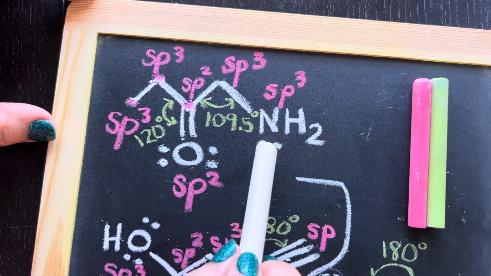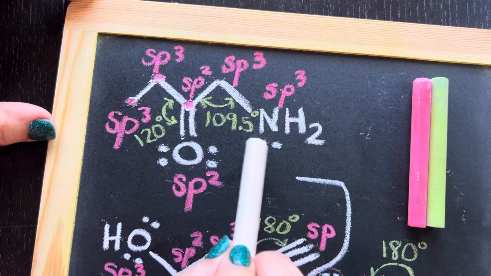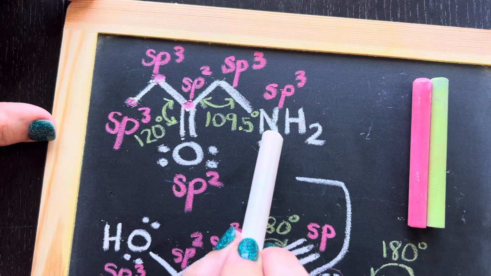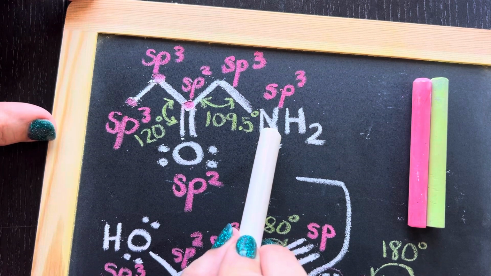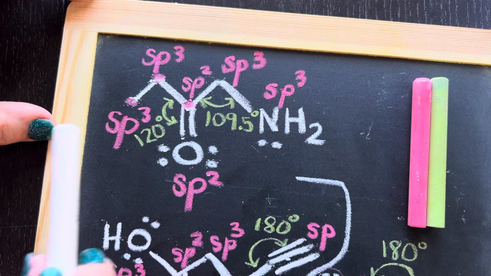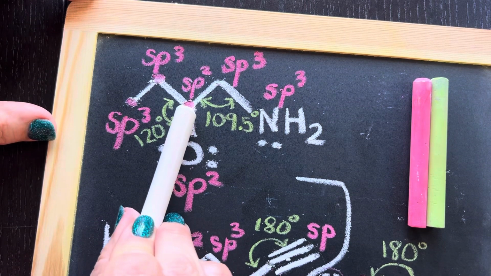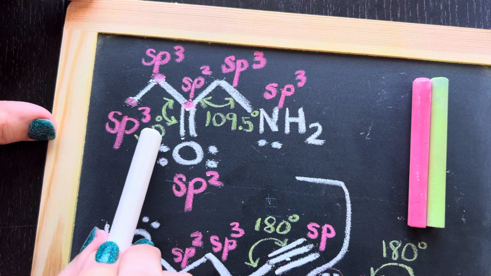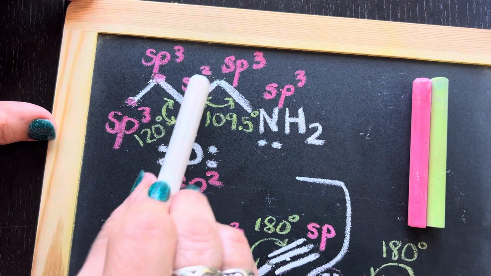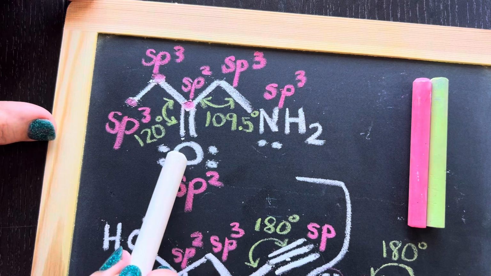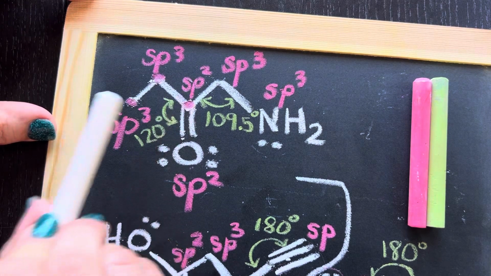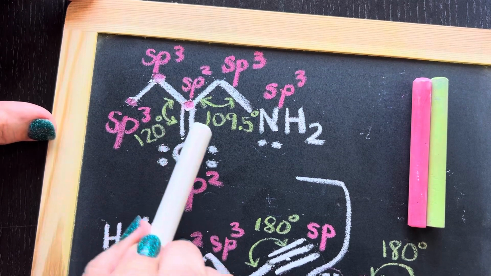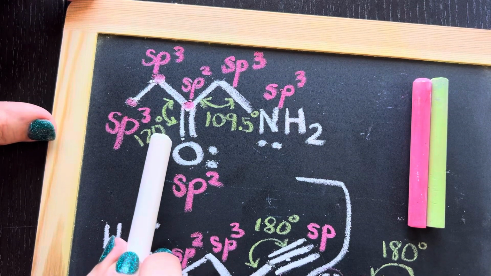This nitrogen here, because there's a lone pair, we would call the geometry around this nitrogen trigonal pyramid. The geometry around this sp2 hybridized carbon right here, with the 120 degrees around it, is trigonal planar, because this carbon has these 3 atoms around it, and they're all in a plane with 120 degrees.